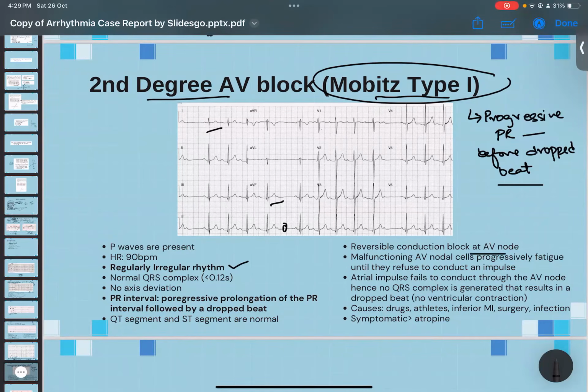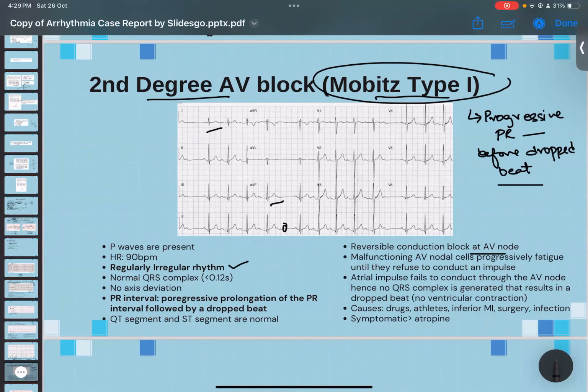Mainly what happens is that the cells within the AV node get fatigued, and therefore sometimes when they're so tired, they will not be ready to conduct the impulse to the ventricles. And that is why you'll see that after that P wave, there's going to be an isoelectric line. Why? Because the AV node has not conducted that signal to the ventricles. So there's going to be refusal of conduction of an impulse by fatigued AV nodal cells, and therefore no ventricular contractions happening.